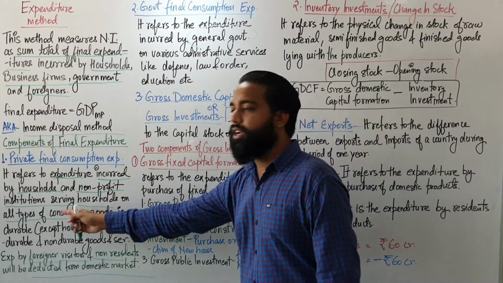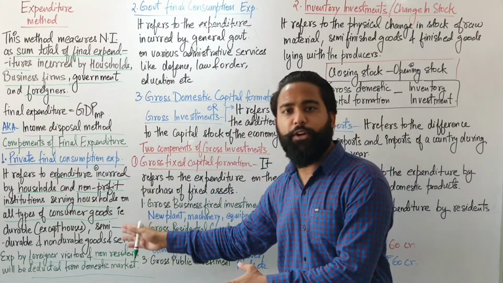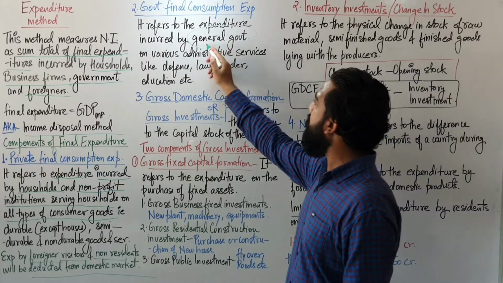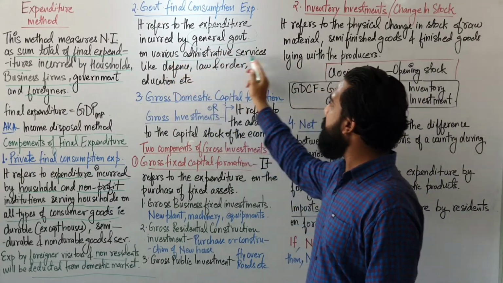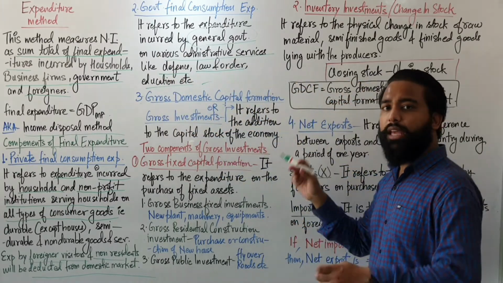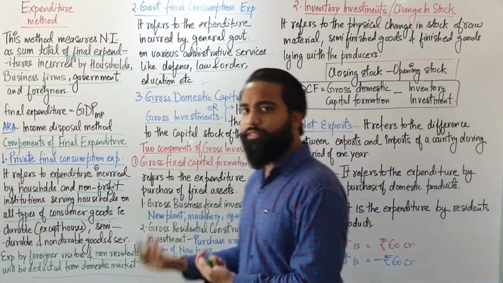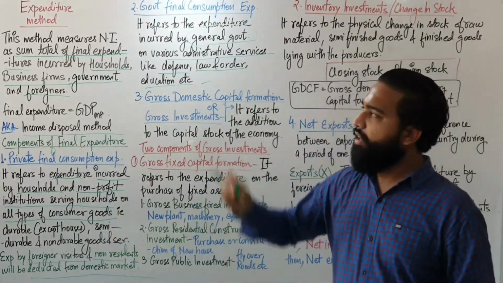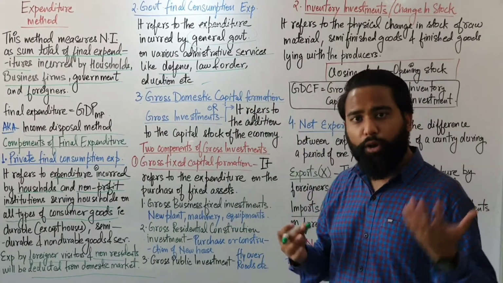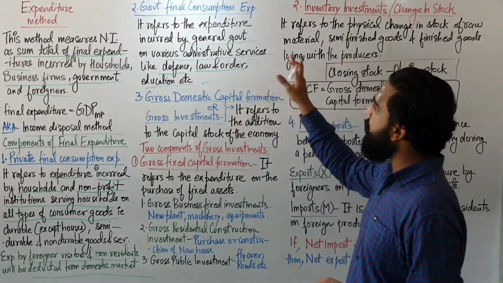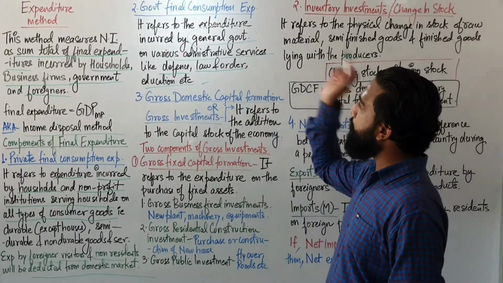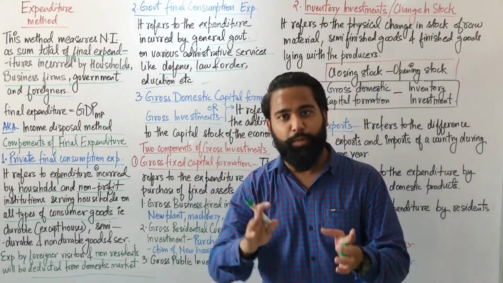Earlier the expenditure was incurred by the households and the non-profit organizations, but here the expenditure is incurred by the general government on various administrative services like defense, law and order, education, etc. All the important necessities, all the social welfare things done by the government, are very important for us. So these things are included in the expenditure incurred by the general government, which is part of government final consumption expenditure.